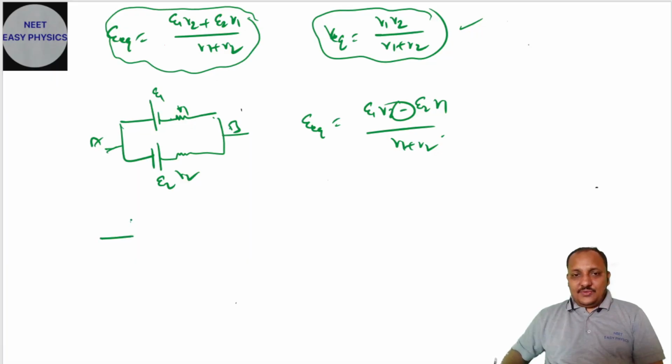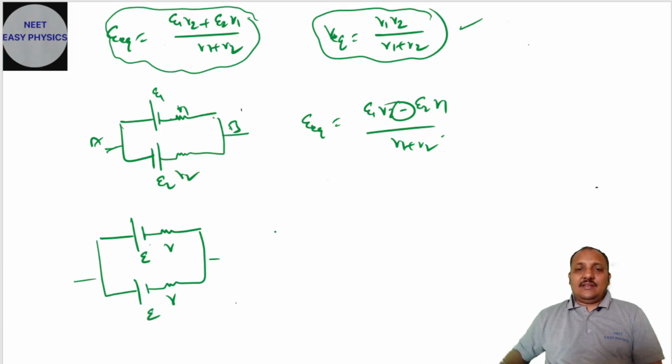If you connect two identical cells in parallel, with the same EMF and same internal resistance, what is the equivalent EMF? E equivalent is (ER plus ER) by (R plus R), so 2ER by 2R.